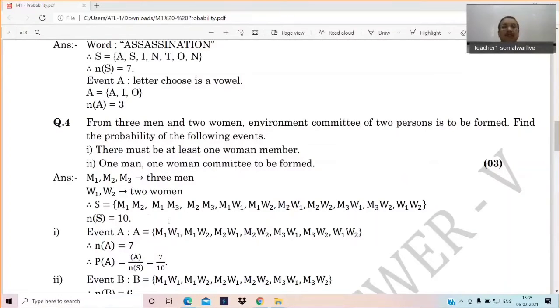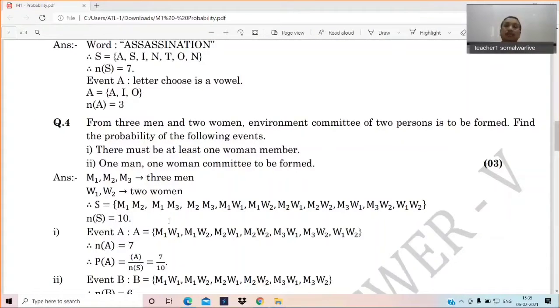Then event A is that the committee must be having at least one woman member. Both women members can also be considered. So event A will have the sample points as M1 W1, M1 W2, M2 W1, M2 W2, M3 W1, M3 W2 and also W1 W2.